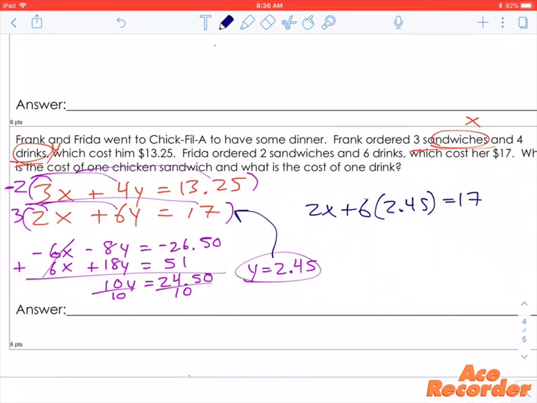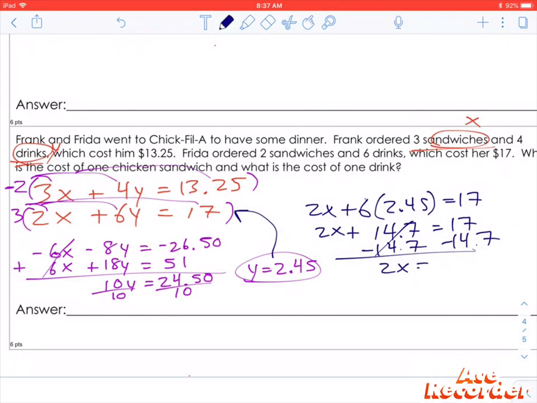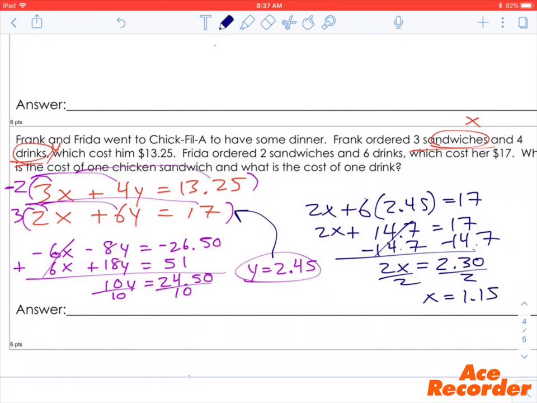So 6 times 2.45 is 14.7. And so I subtract the 14.7. I get 2x equals 2.30. Divide by 2, and we get x equals 1.15. And so there's my answer.